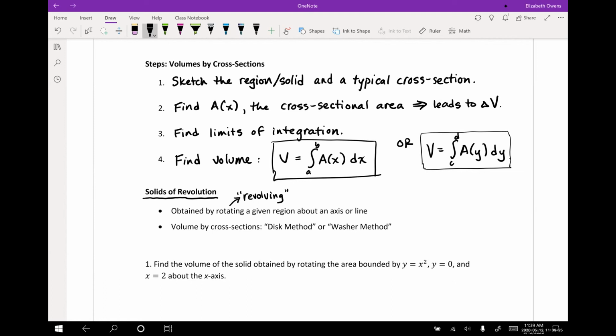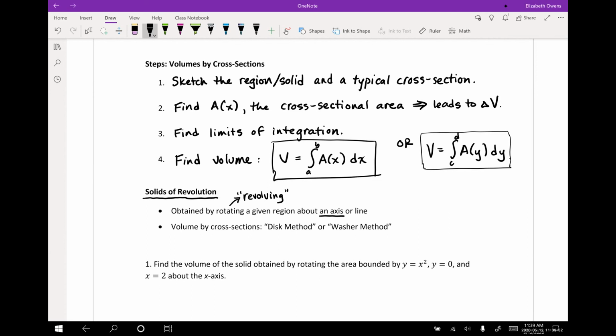And for the sake of time, with our class this semester, we are just going to focus on rotating things about either the X or Y axis. You can rotate them about other lines, but it gets a little more involved. You can read through it in the book if you want, but just know that all I'm going to test you on is rotation about an axis. And that's all that's on your homework as well.